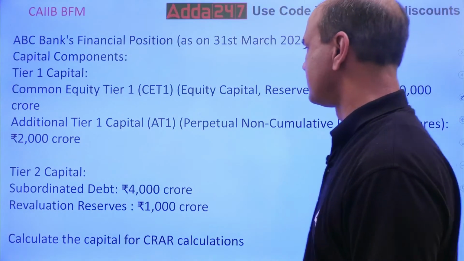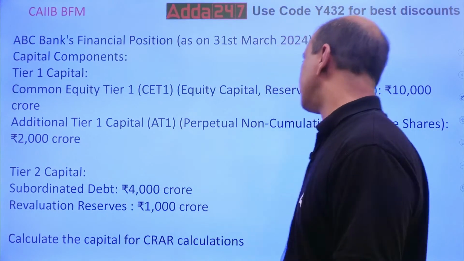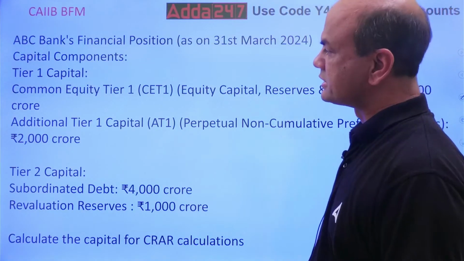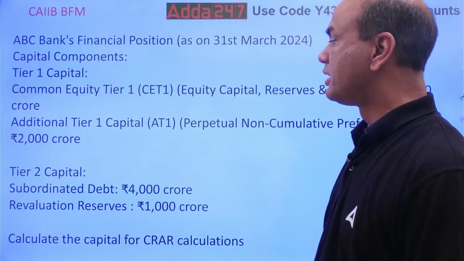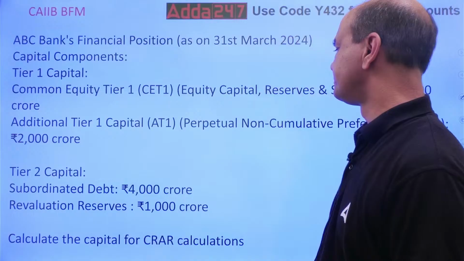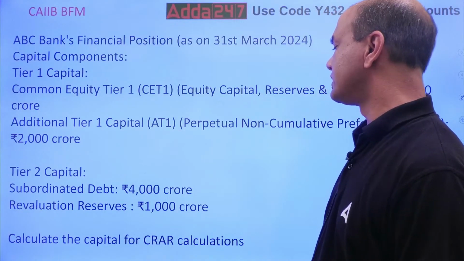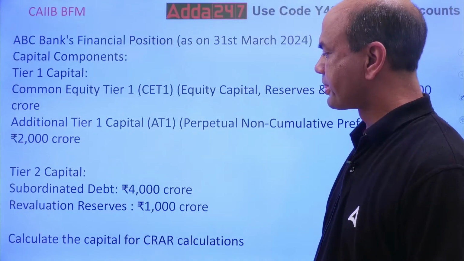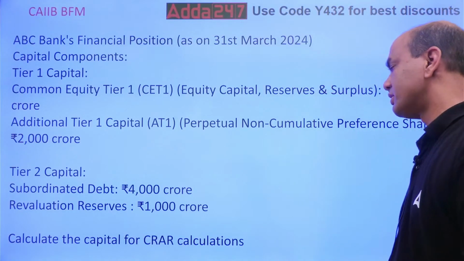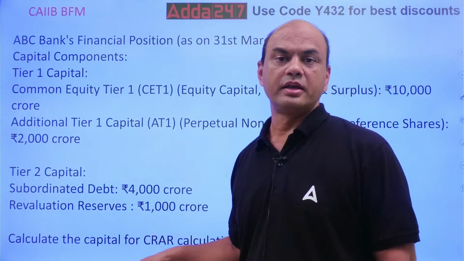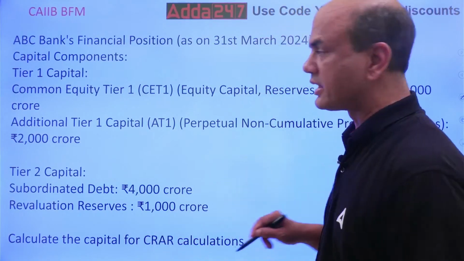Additional tier 1, AT1, that includes PNCPS, is 2000 CR. Tier 2 capital, subordinate debt is 4000 CR, and revaluation reserve is 1000 CR. Now you have to calculate the capital for CRAR calculations.